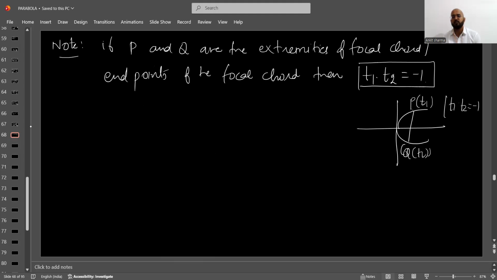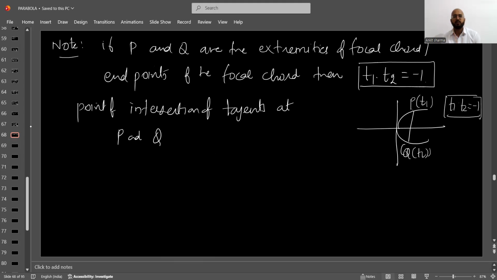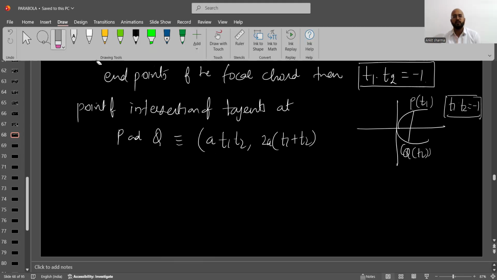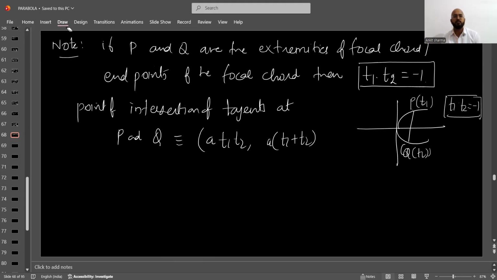That means if I know one end of the focal chord, then I know the other end. If I use this result, the point of intersection of tangents at P and Q is going to be a times t1 t2, comma, a into t1 plus t2.